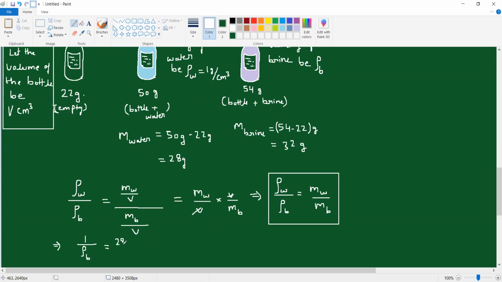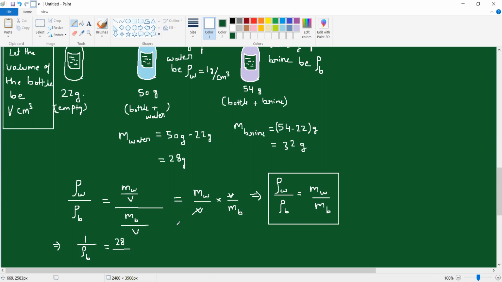Sir, how do we know the density of water? We have to learn this. It is very general information which we are supposed to know. The density of water is 1 gram per centimeter cube. It is also given in the chapter. At 4 degrees Celsius, the density of water is 1 gram per centimeter cube.